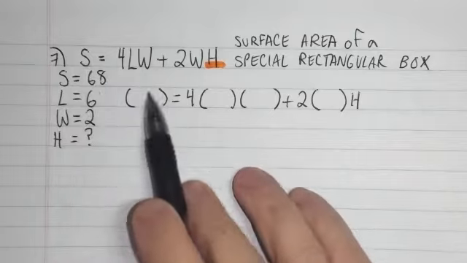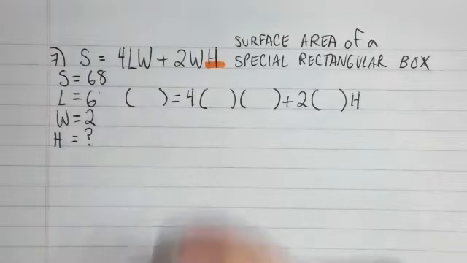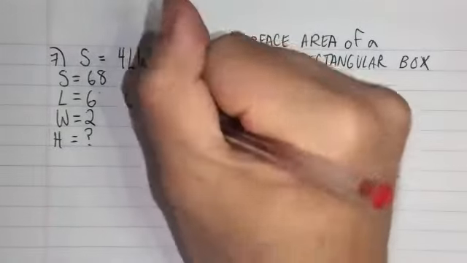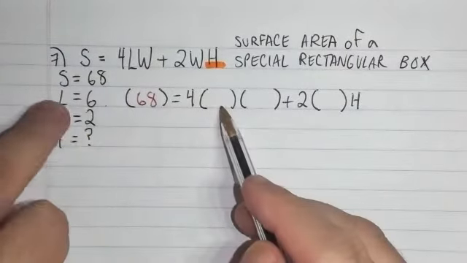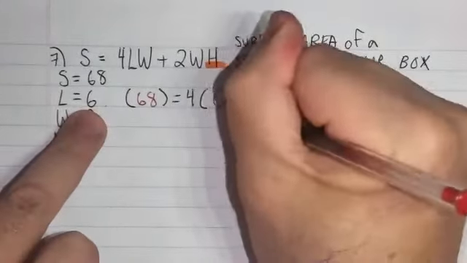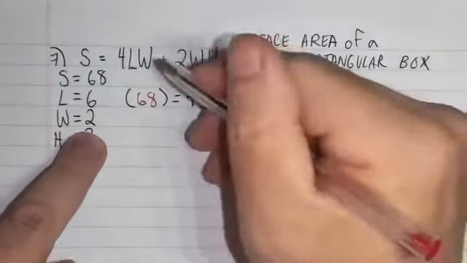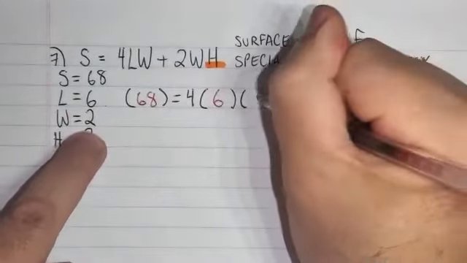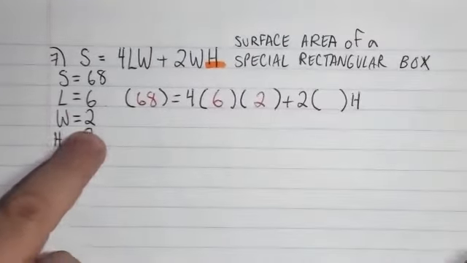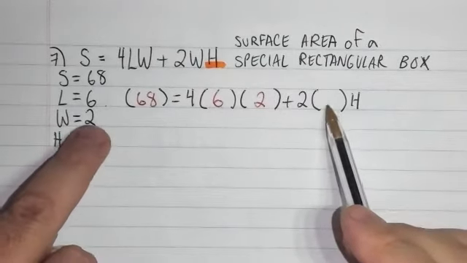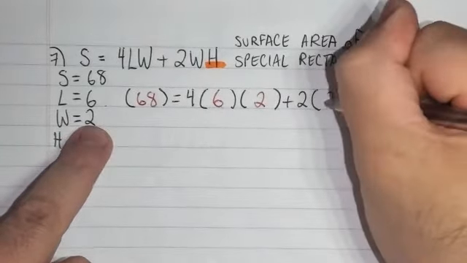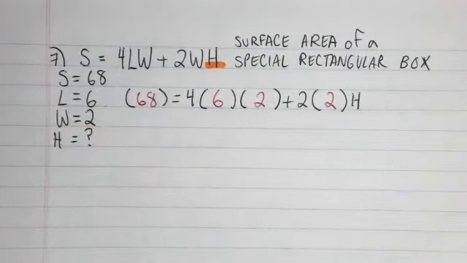So we start out, this is our S value. We know S equals 68. 4 times LW, we know L is 6, that's what goes here. W is 2, and then 2 times W also goes here, so another 2 goes here.